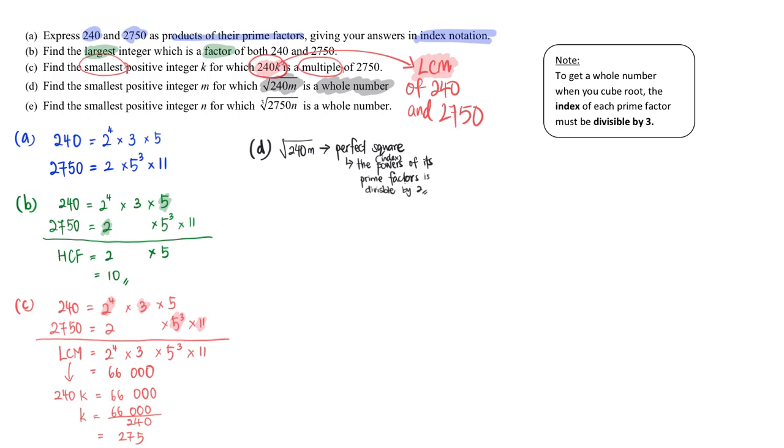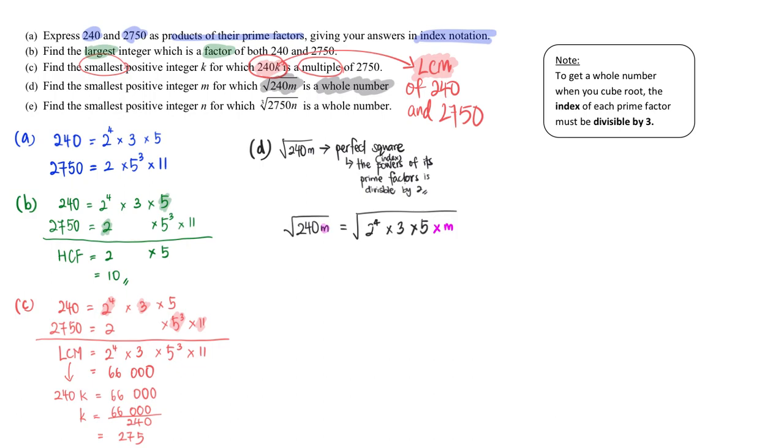You can see that in my working, I would express 240m as 240, which I already know is 2 to the power of 4 times 3 times 5, and of course there is still this m here, which I am also going to multiply.